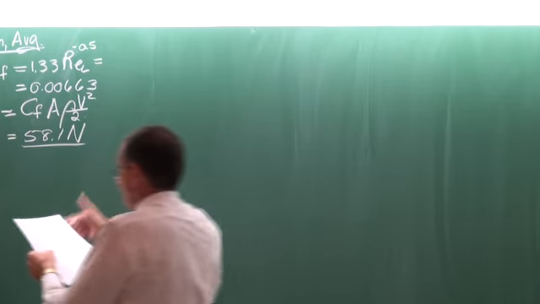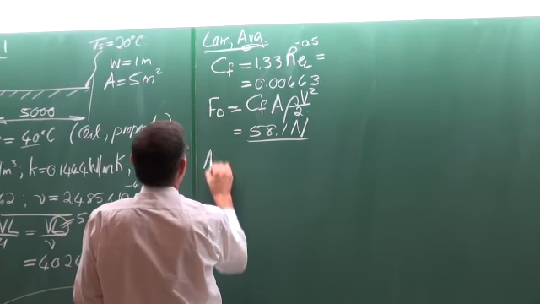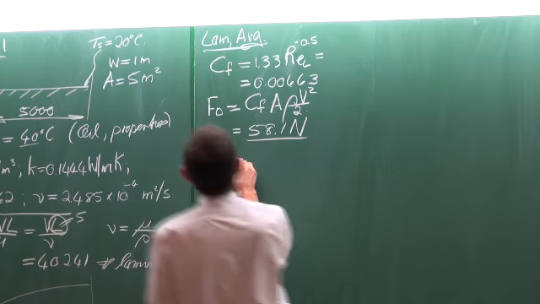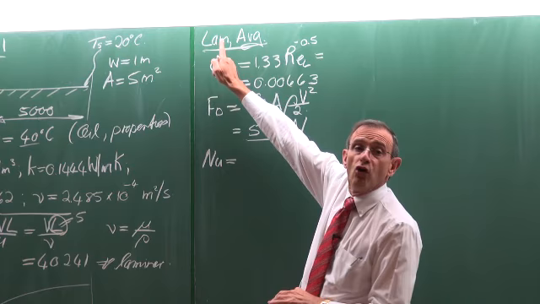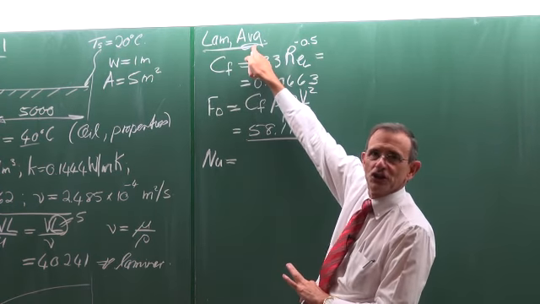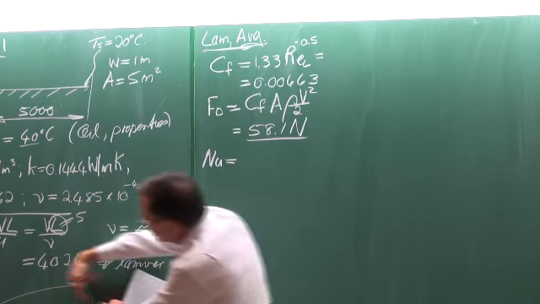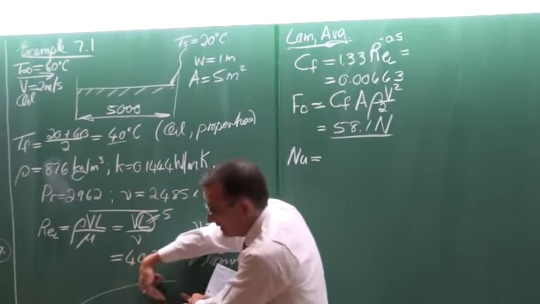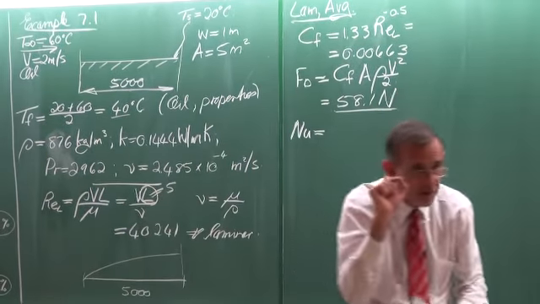Right, now we need to get the Nusselt number. Again, it would be the Nusselt number for laminar flow and for average. We want to know the average heat transfer coefficient over the plate, not at one specific point.